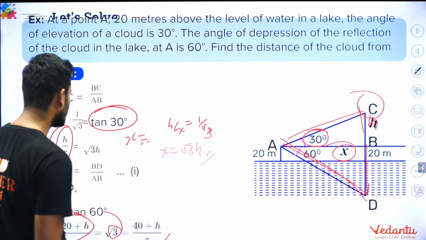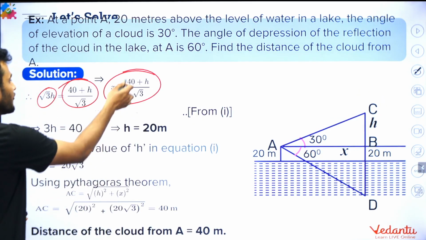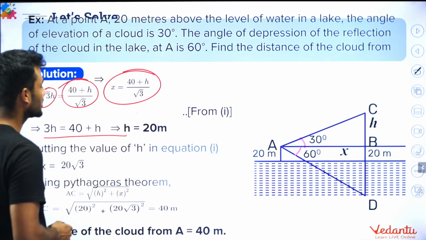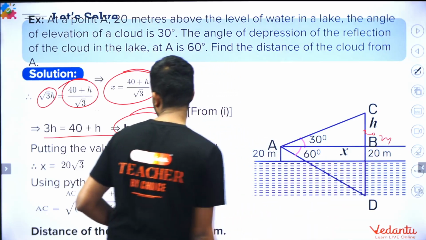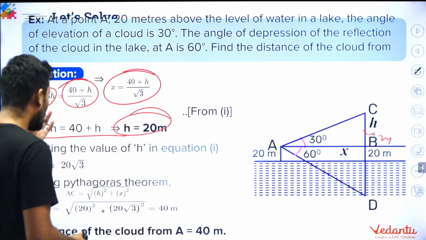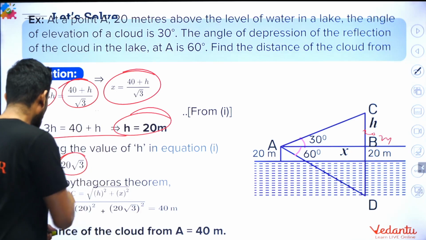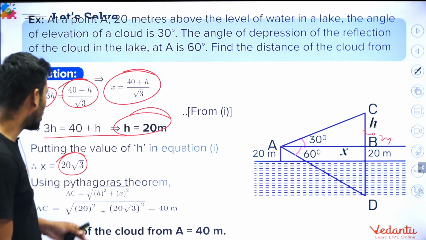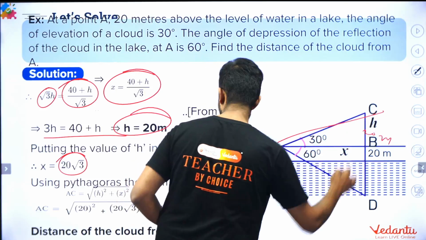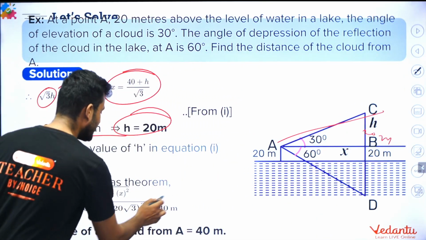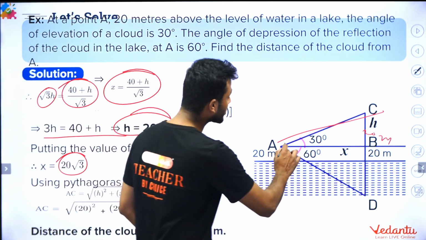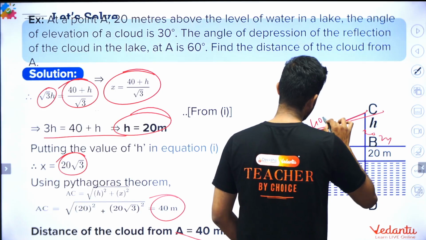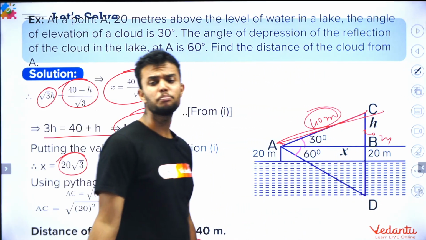Then 3h is equal to 40 plus h, and h value we know is 20 meters. Putting the value of h in the equation, root 3 h is 20 root 3. By using Pythagoras theorem we find this value, h is 40 meters. Then the distance of the cloud from A is 40 meters. Very simple, students.